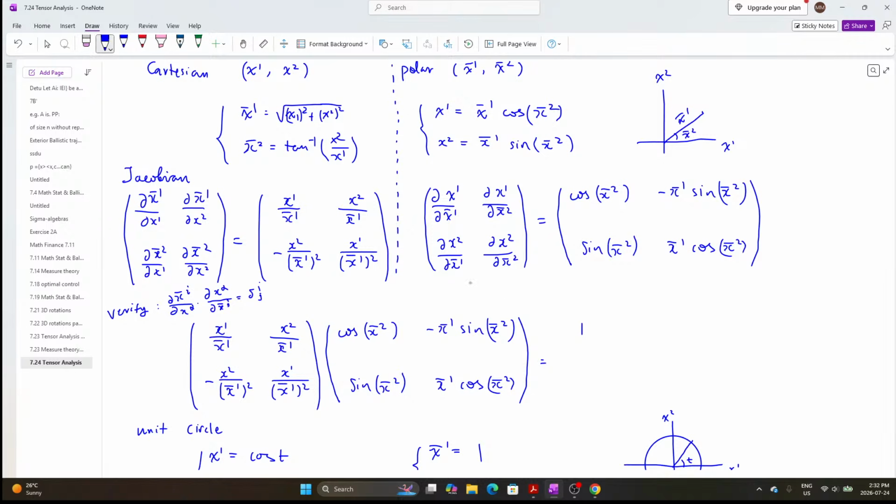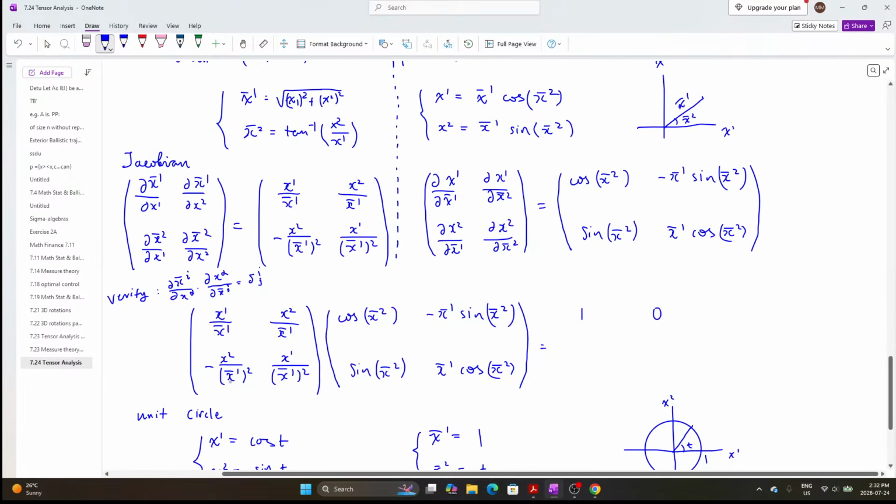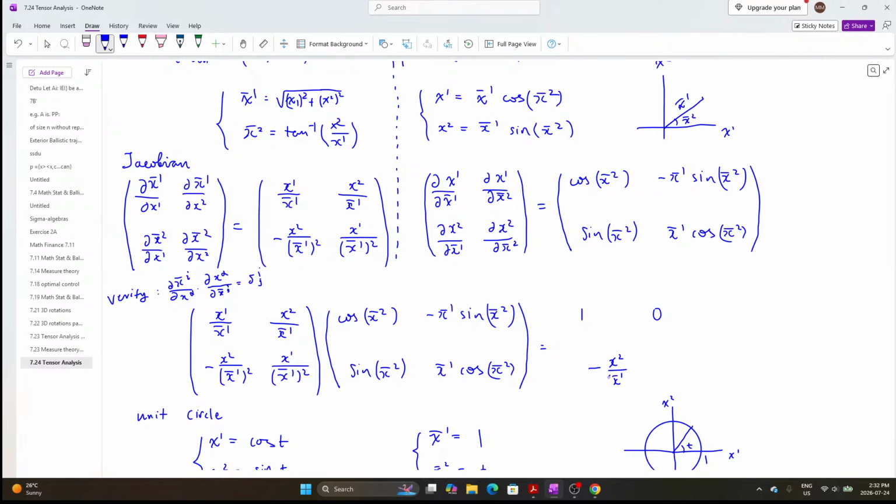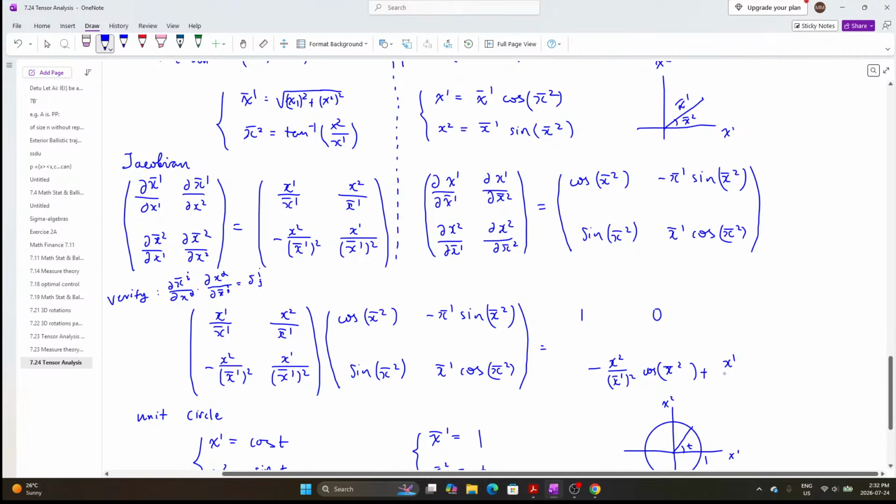So that's verified. It's very mechanical. The second row is: minus x2 over x bar 1 quantity squared times the cosine of x bar 2, plus x1 over x bar 1 squared times sine of x bar 2.